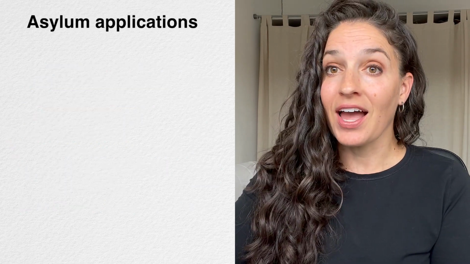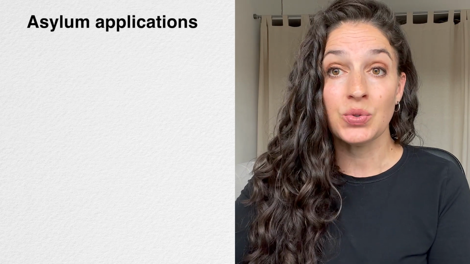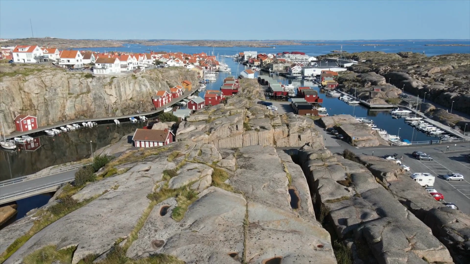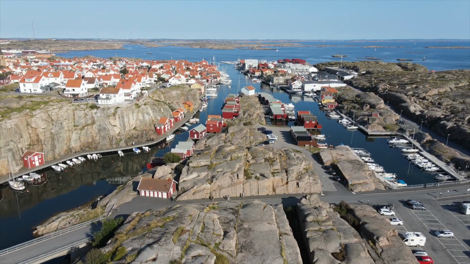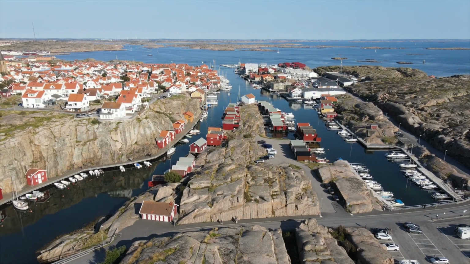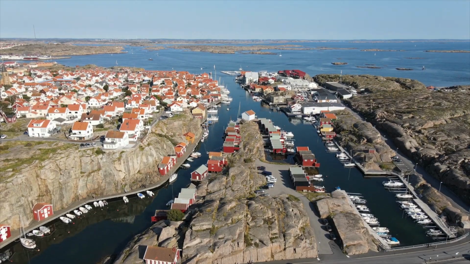Now let's look at asylum applications between 2017 and 2020. Now, Sweden is a country that is known for accepting many asylum seekers, at least in a global context as well as in a European context.